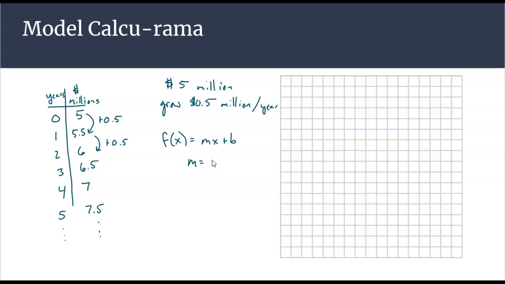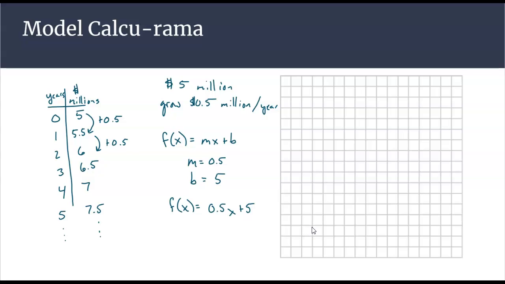M is our value that we add each time. It's our common difference, so 0.5. B is our value at 0. So overall, our equation becomes f of x equals 0.5x plus 5.